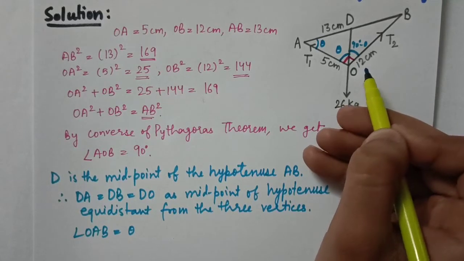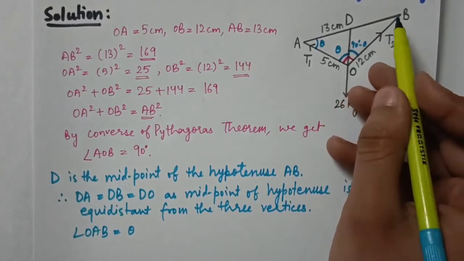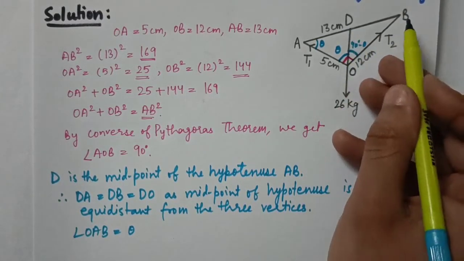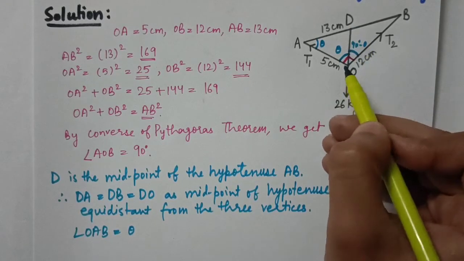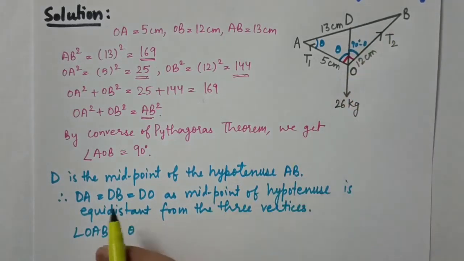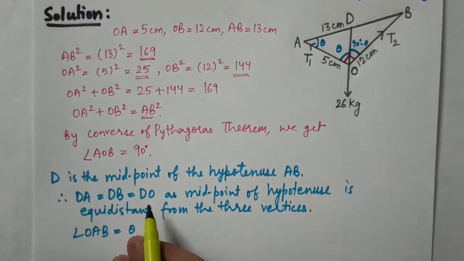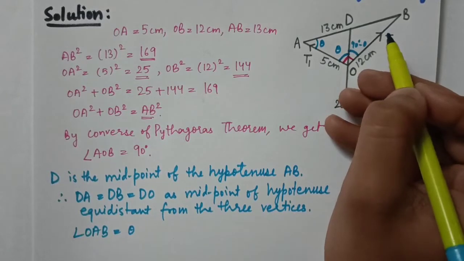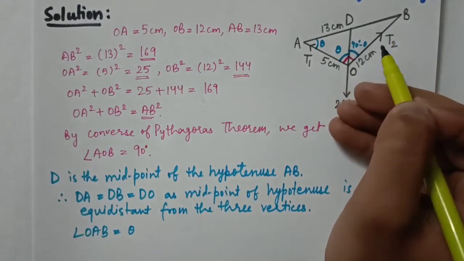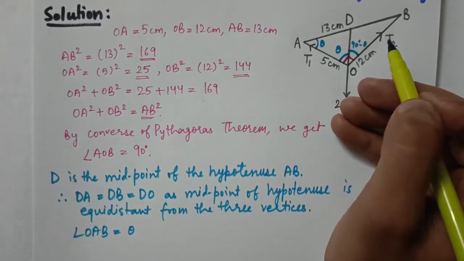Now again, in this triangle DOB, we have two equal sides, DO and DB. DB is equal to DO. So again, the angles opposite to the equal sides of a triangle must also be equal.